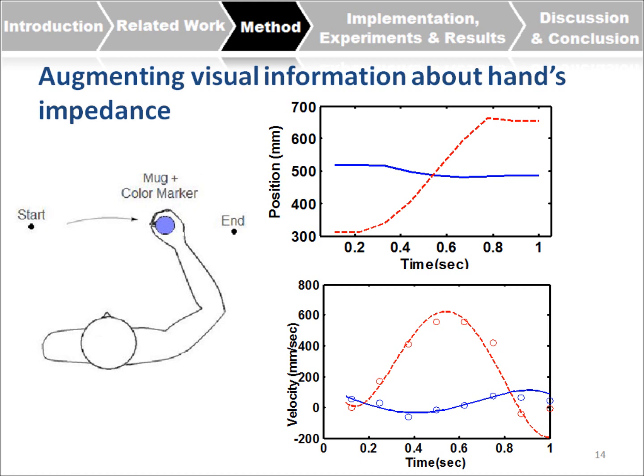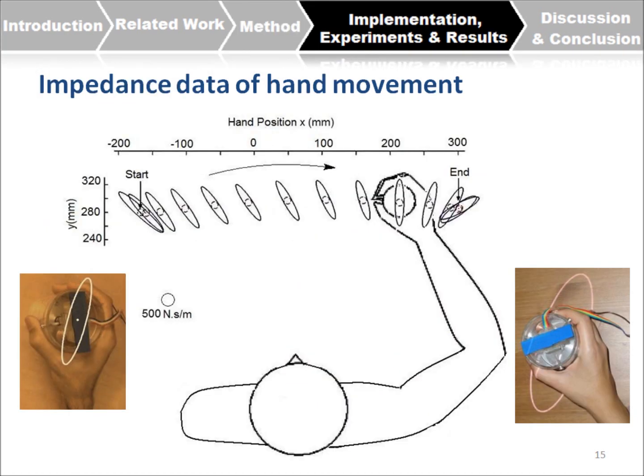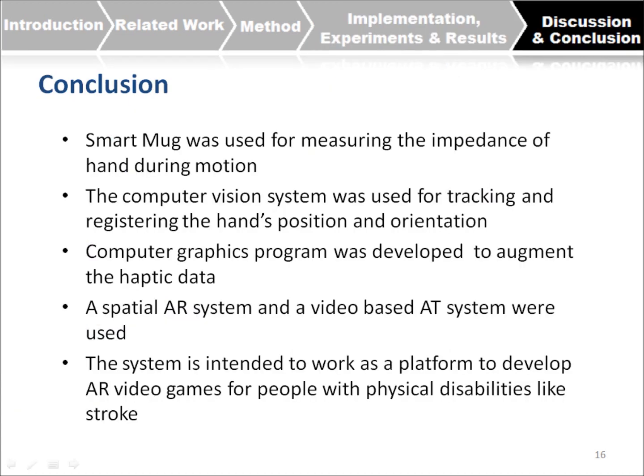And here you can see these data can be augmented either using video-based augmented reality or spatial augmented reality in real time. So in conclusion, the device used here is able to measure mechanical impedance of the hand during motion.